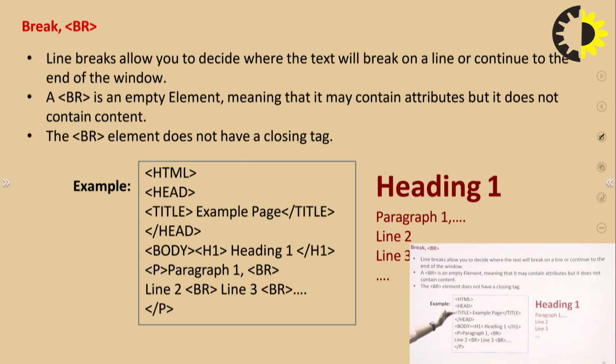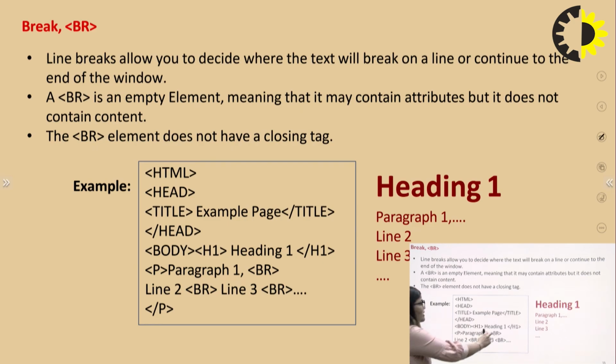Like here you can see in the example, this is a title. Whatever we are writing within the title would be displayed where the name of the website is displayed. Okay, now head is closed. Now body, within the body we have created one heading, and then we are creating a paragraph, and then line 2.